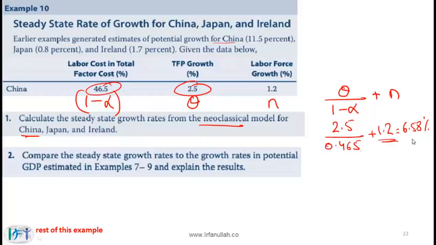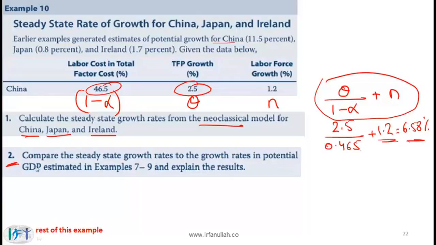So overall what we are predicting is that in steady state the economy will grow at 6.58%. Now again, this is an important relationship. Use this relationship, learn it, and then apply it to Japan and Ireland.